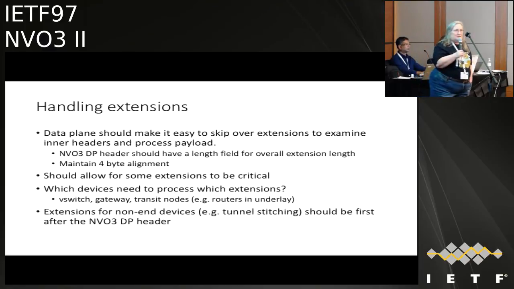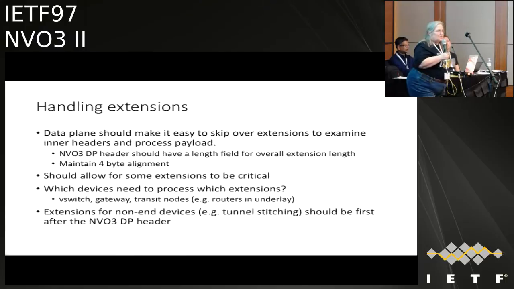We talked a bit about what devices need to process some extensions, and are the extensions just there for the end nodes, or the NVEs, or are they there for also things like the vSwitch and gateway and transit nodes? And there are some examples of extensions that may be in there to help the non-end nodes.